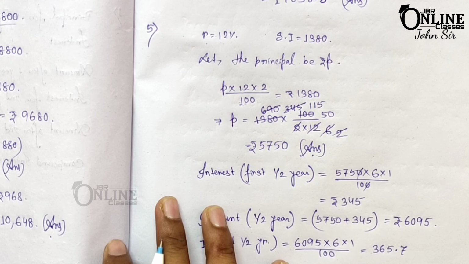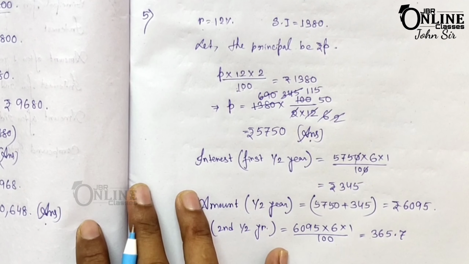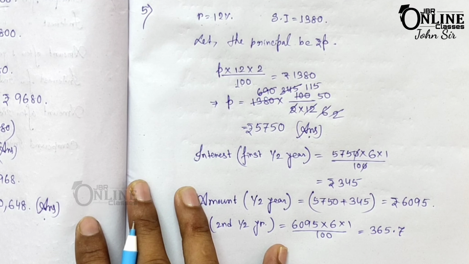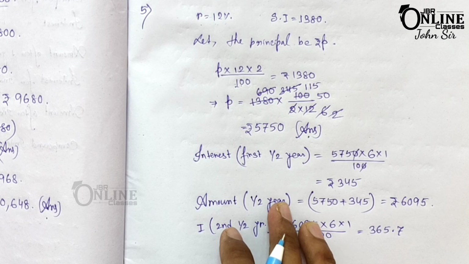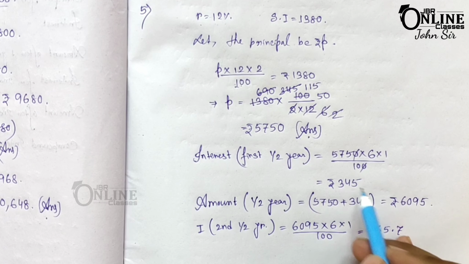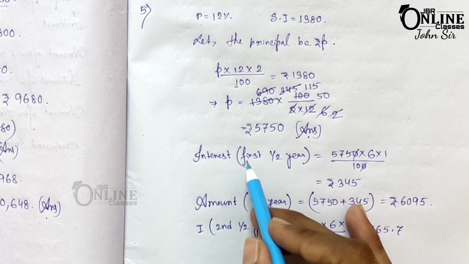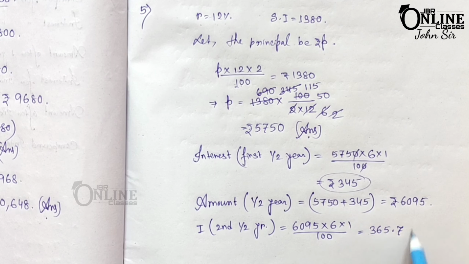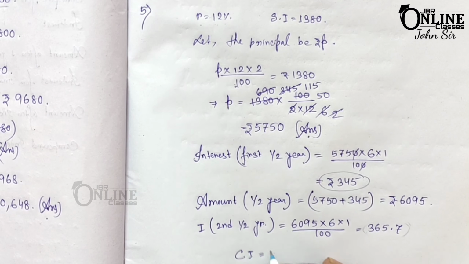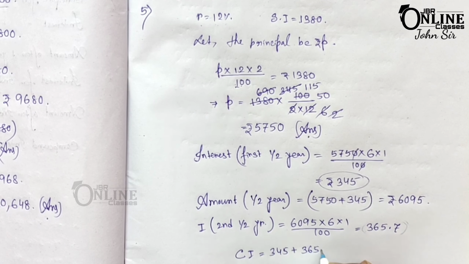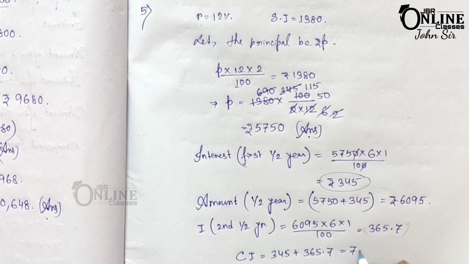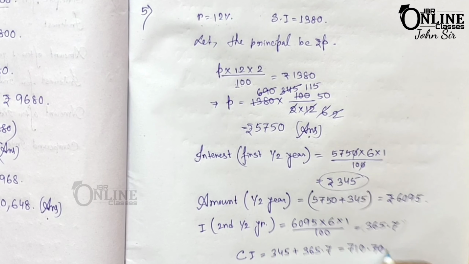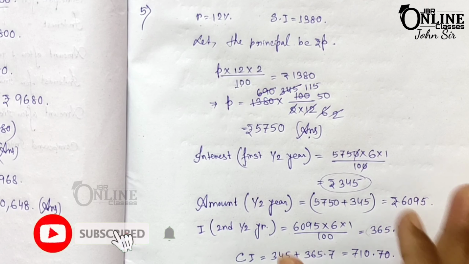Then the compound interest on this sum for 1 year will be the interest for the first half year, 345, plus the interest for the second half year, 365.7, and that equals 710.70. So that is the second and final answer.